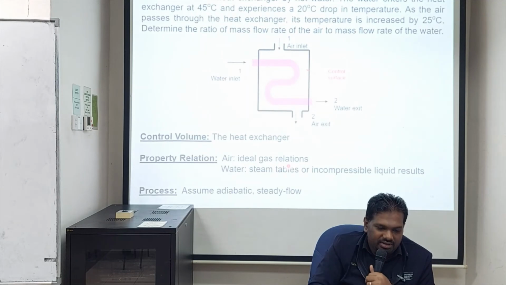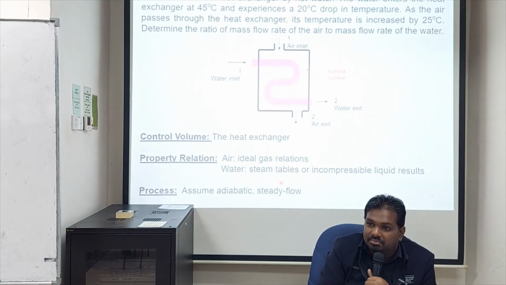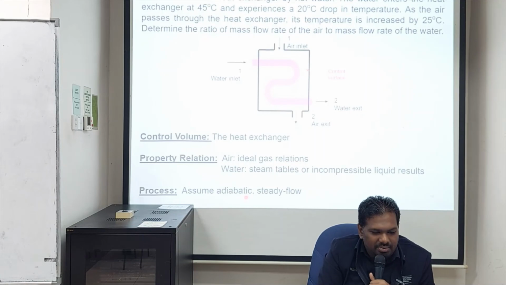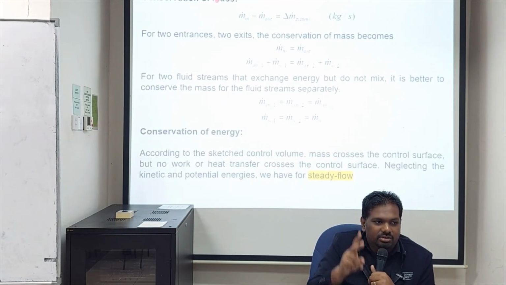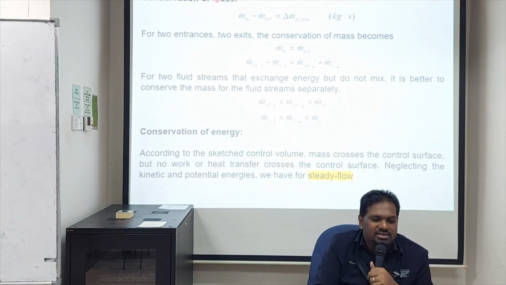So air is one of it. Okay, and water referred to steam table, A5 and also A6. Okay, the process is assumed adiabatic and steady flow. Okay, so apply dulu conservation principle. So ada dua, conservation of mass and also conservation of energy.